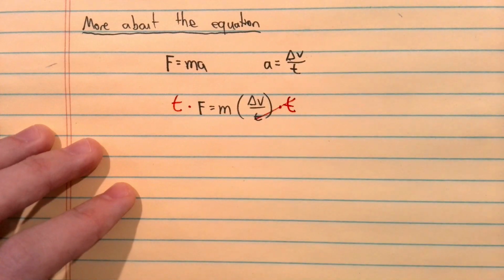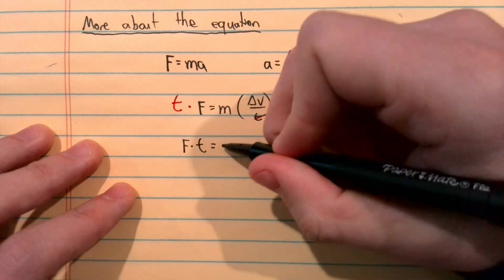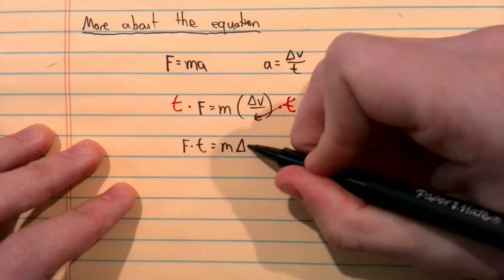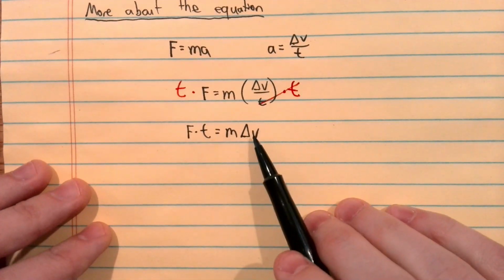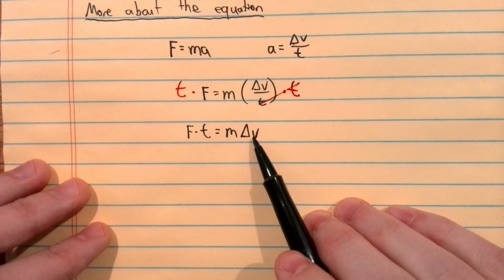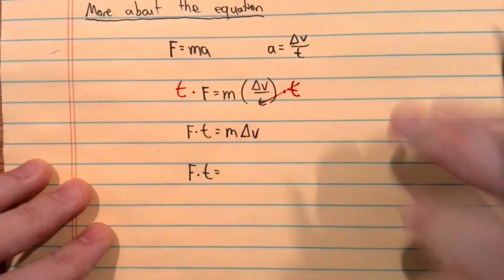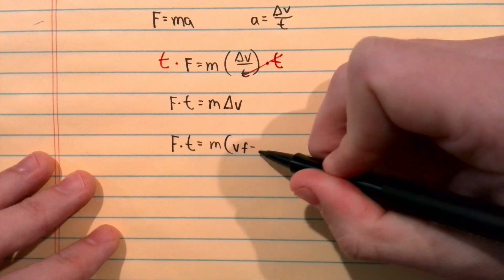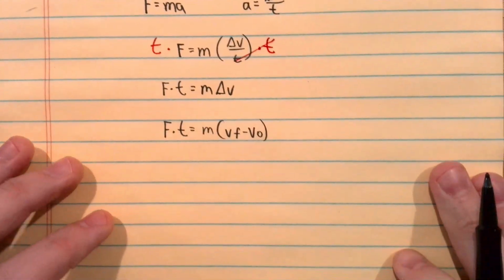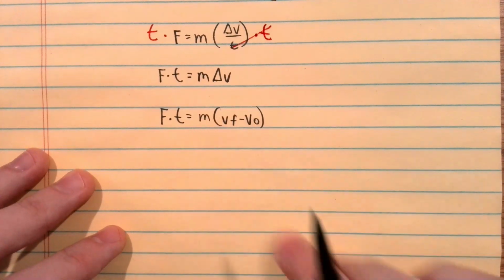Okay, so I have F times t equals m times delta v. What's going on with this here? Delta v. I know another way to write delta v. It's written like this: vf minus vo. In algebra, they do this thing called distribution sometimes.